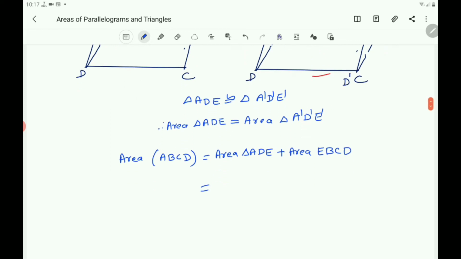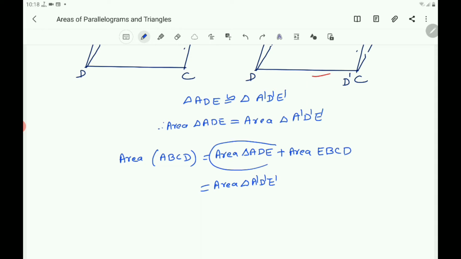Now, area of triangle ADE is nothing but area of triangle A'D'E'. In the place of area of triangle ADE, you write area of triangle A'D'E', as these two are equal.